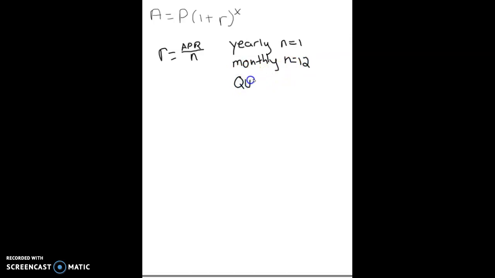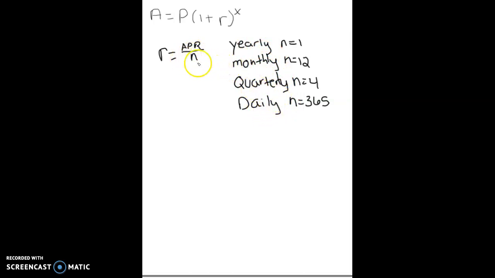If it's quarterly, n is 4. Whoop, I forgot the L. n is 4 because it happens 4 times a year. Daily, n would be 365 because it happens 365 times a year. So that's pretty much the basic ones, yearly, monthly, quarterly, daily, that you have to use.